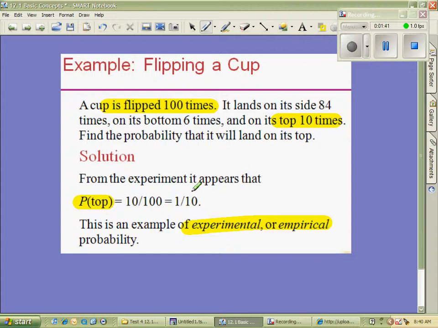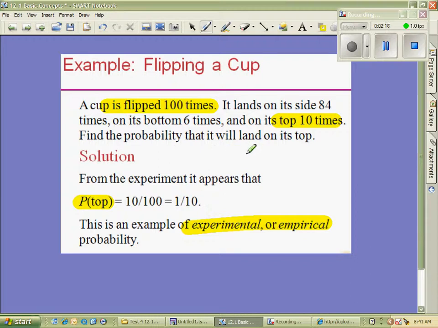Now let's think of this for a second. What is an outcome? Top, bottom, side. Okay? What is the experiment? Flipping the cup. An event is a subset of the solution set. In this case, an event could be it lands on its side, or an event could be that it lands on the bottom, or that it lands on its top.